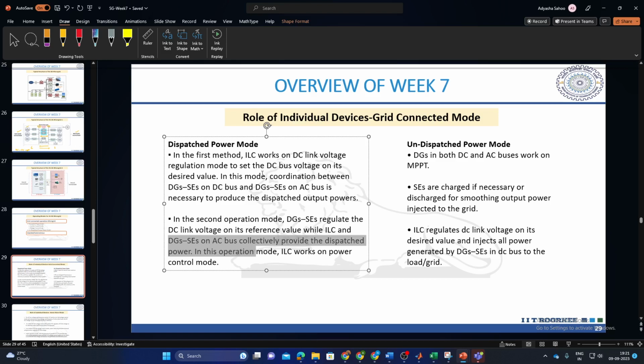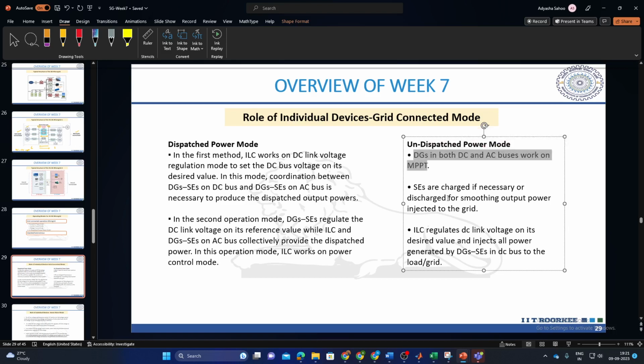In the second type of dispatch power mode, the distributed generators and storage regulate the DC link voltage, while the converters and other distributed generators collectively control the AC bus for the dispatch of the power. So here the interlinking converter works in voltage regulation mode, but there it works in constant power mode, and vice versa for the distributed generators.